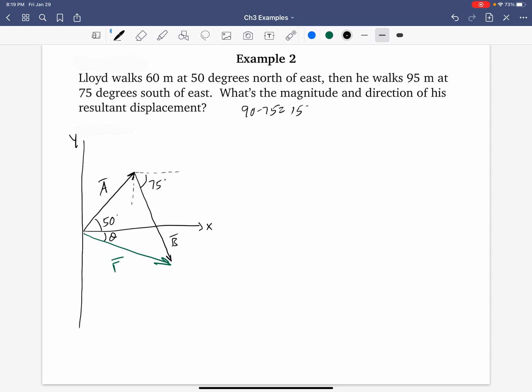In the x direction, I have been using blue. So in the x direction for A, it's going to look something like this. In the x direction for B, it's going to look something like this.